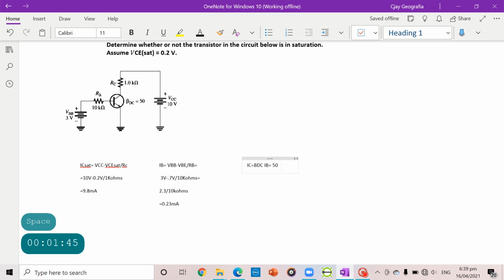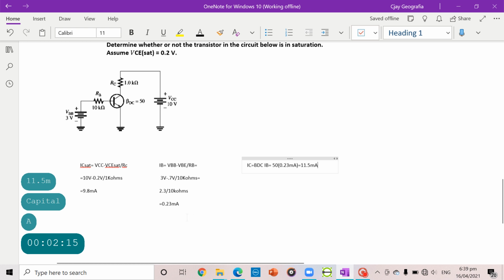So 50 times 0.23 milliamperes is equal to 11.5 milliamperes. So IC is greater than IC saturation, therefore the transistor is saturated.